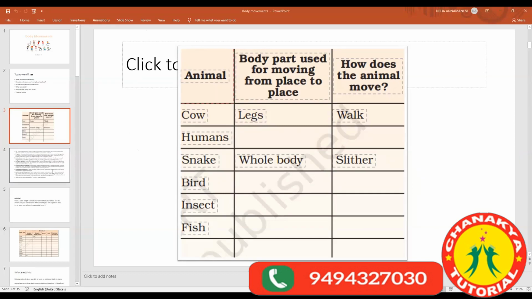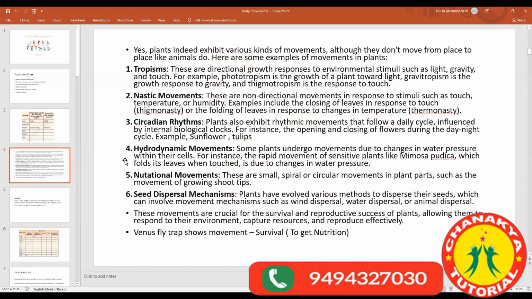To the next slide. Adya, do you think plants move? Hello? Can you hear me, Adya? Yeah. Do you think plants move? Some plants can move by air, without any pressure or force.